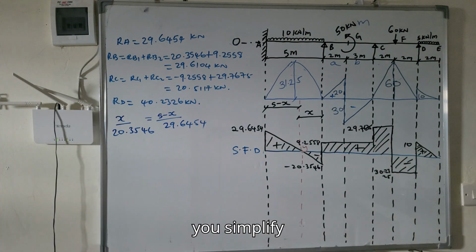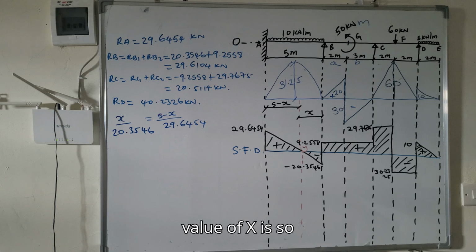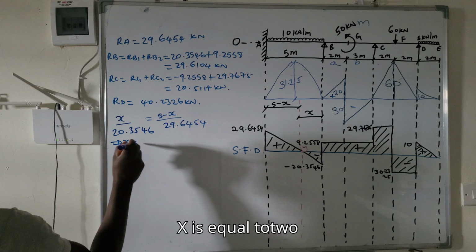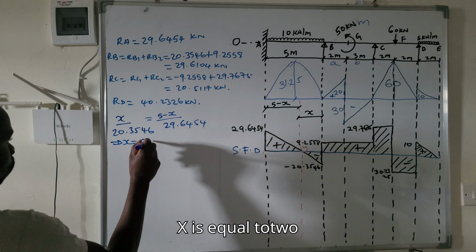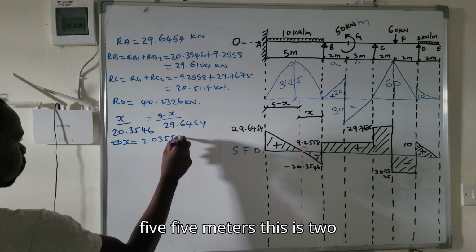If you simplify correctly, the value of x is 2.0355 meters.